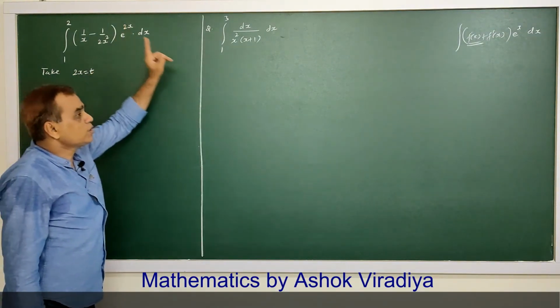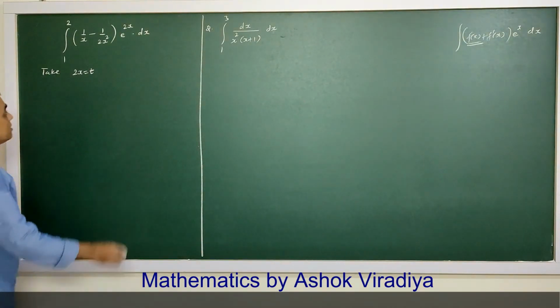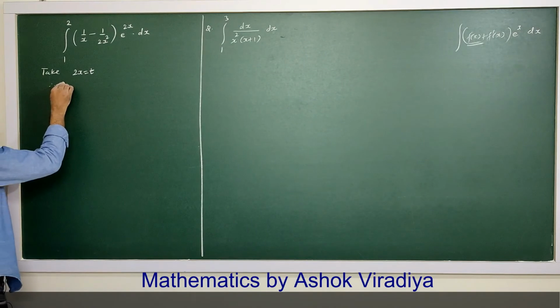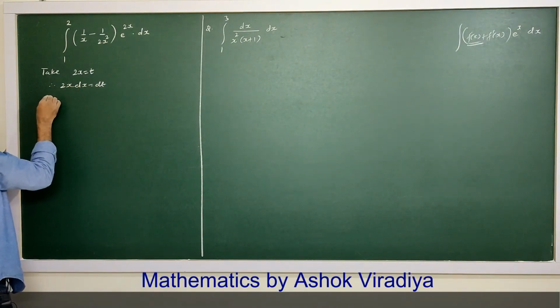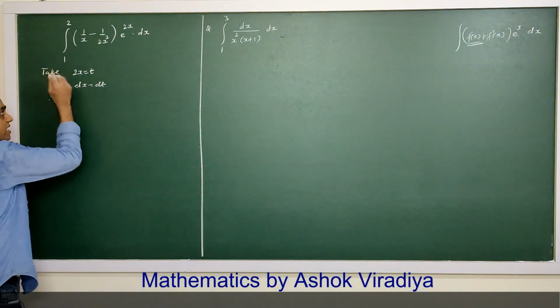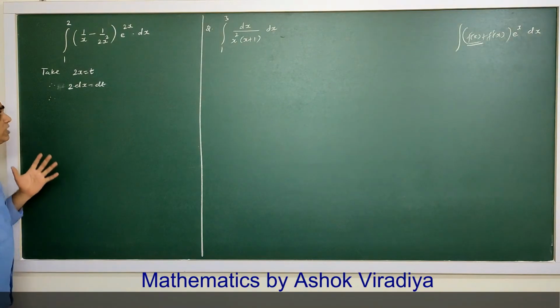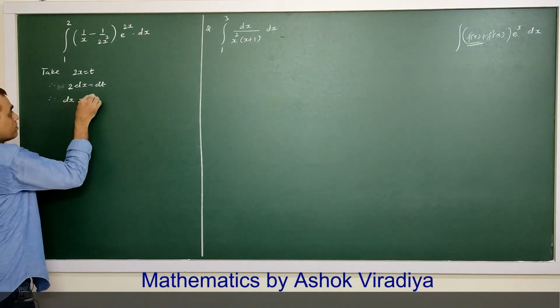Taking 2x equal to t, we will then have e raised to t. So 2x is t, so 2 into dx is dt. So dx is dt by 2.